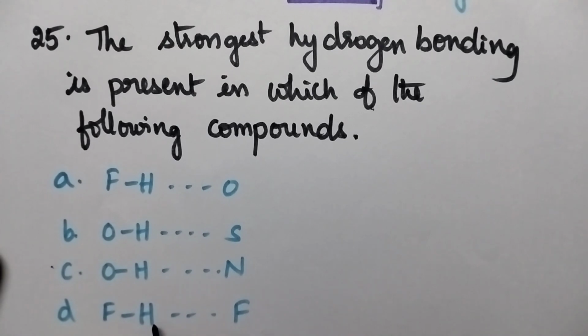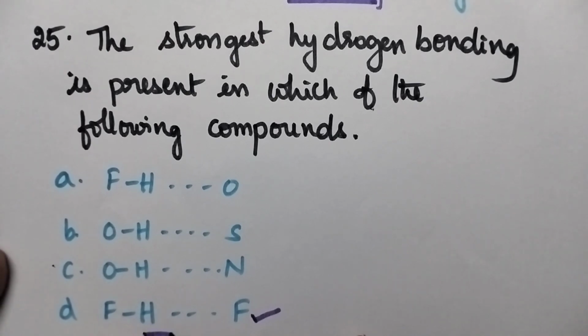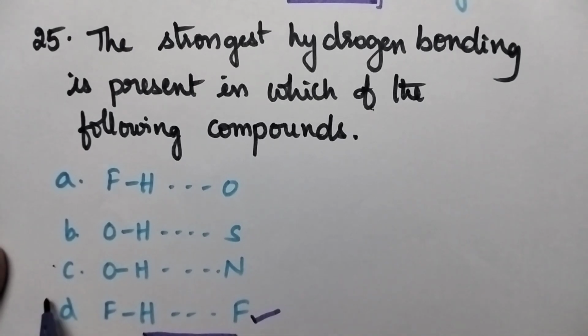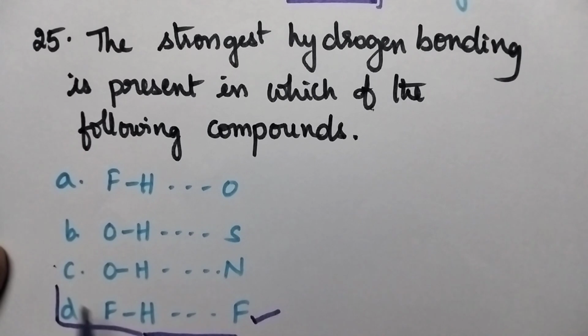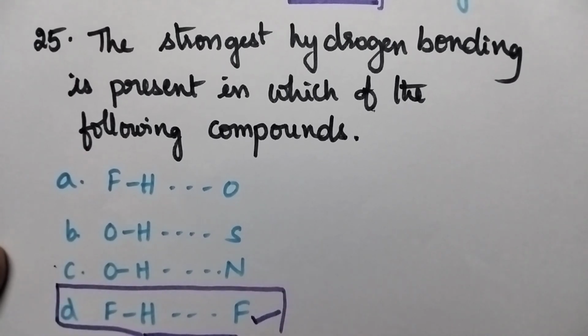In the fourth option, hydrogen bonding is present between hydrogen and fluorine. Remember that fluorine being highly electronegative, the bond between hydrogen and fluorine is strongest. So strongest hydrogen bonding is present in HF molecule. So option D is the right answer.